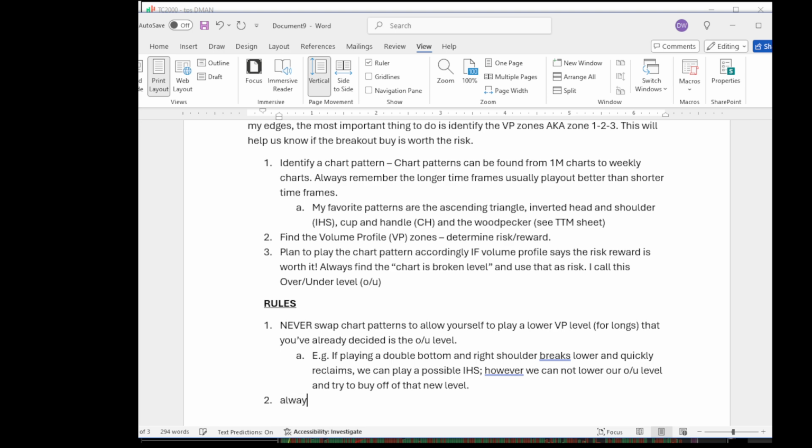I think always be aware of the market maker traps. These are failed breakouts or failed breakdowns. Why do I capitalize these things? I capitalize them because this is how I talk.